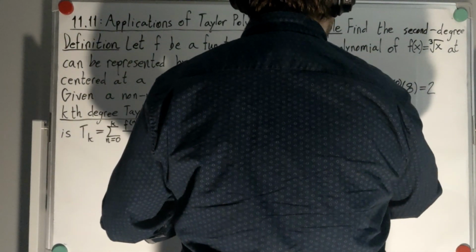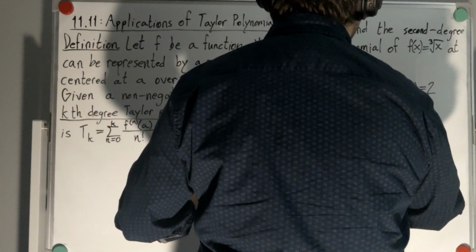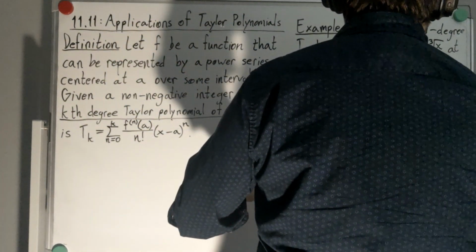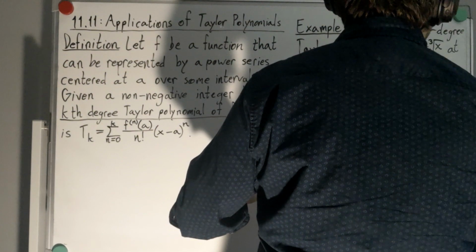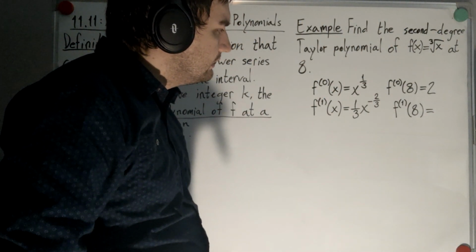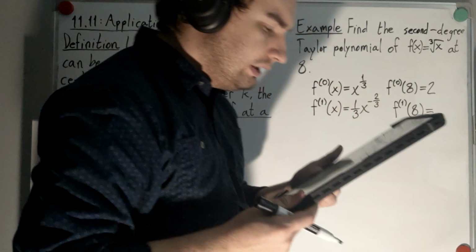The first derivative is 1/3 x to the negative 2/3. You evaluate that at 8, and what you get is 1/12. Let me make sure that's right. Yeah, 1/12.